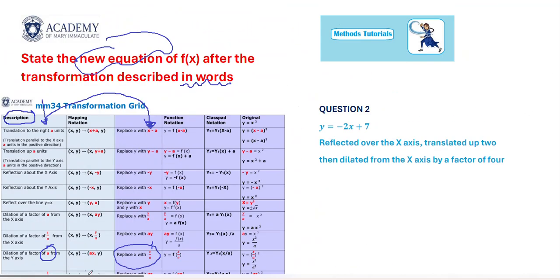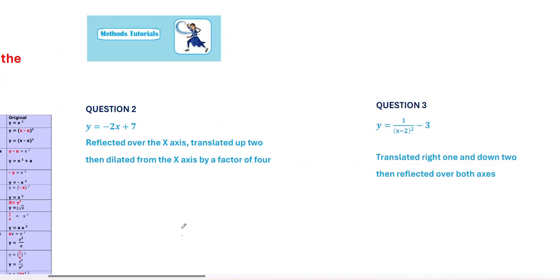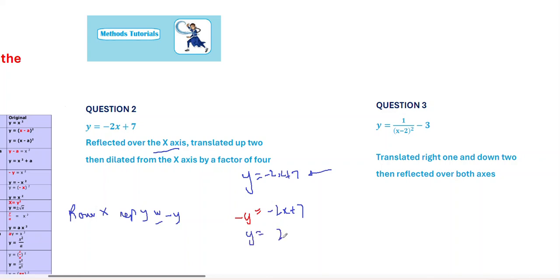Looking at question 2, doing the same things, I've got y equals minus 2x plus 7. That's where we start, that's the original. So I reflect over the x, therefore I replace y with minus y. So I've got minus y equals minus 2x plus 7, therefore y equals 2x minus 7.